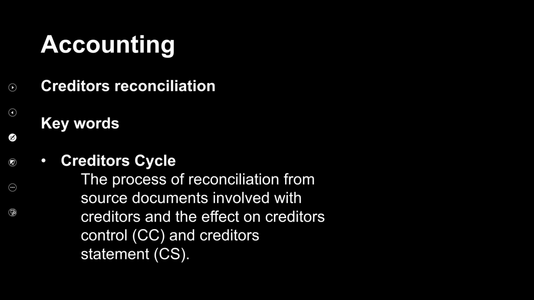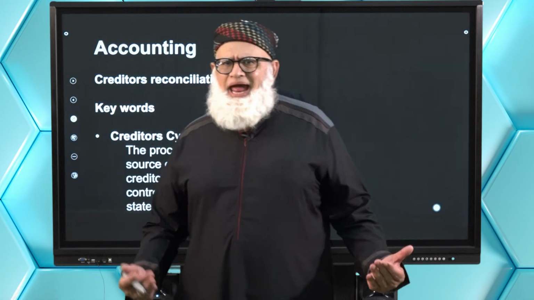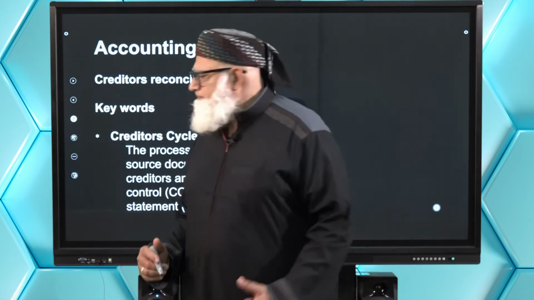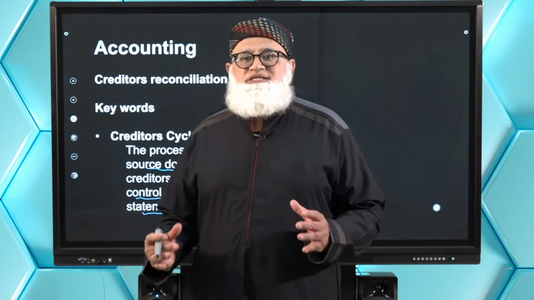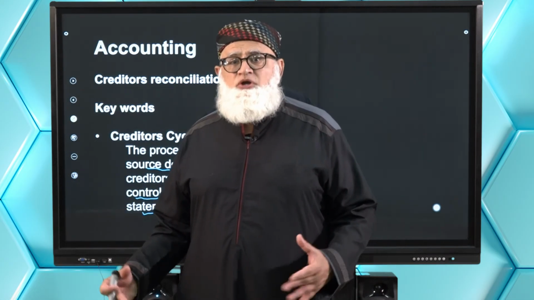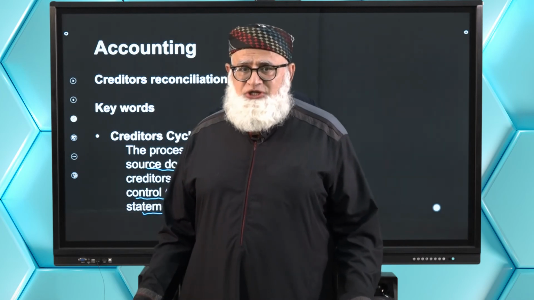Let's move on. Now, what is your creditor's cycle? What happens? Very simple. It is the process from source documents, which eventually leads to us drawing up the creditor's control account and receiving the creditor's statement. Let me explain. The transaction takes place by means of source documentation.